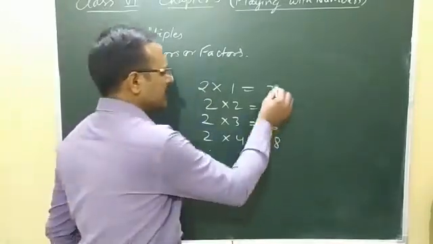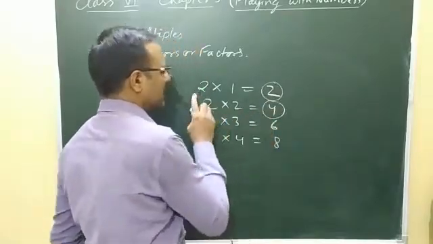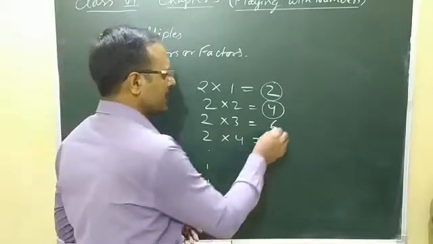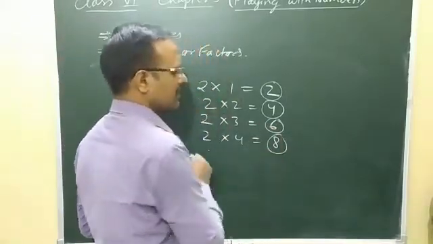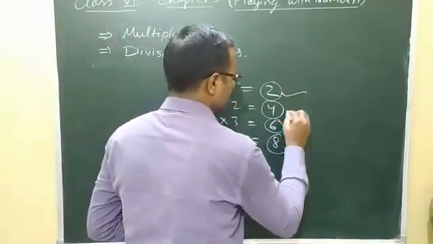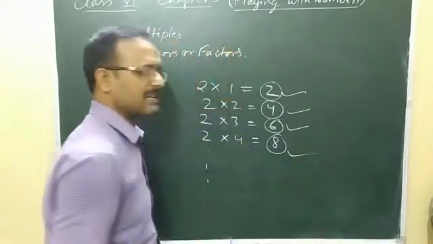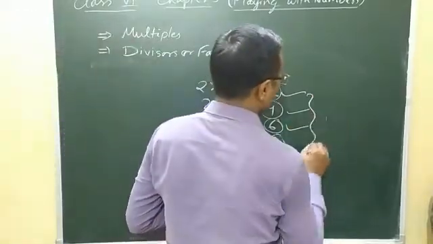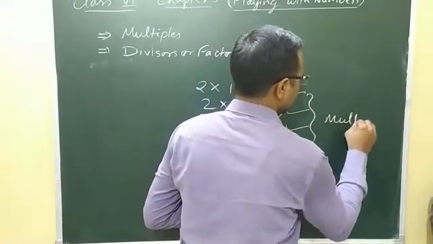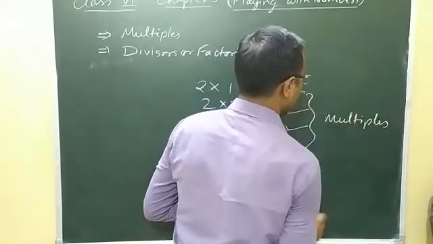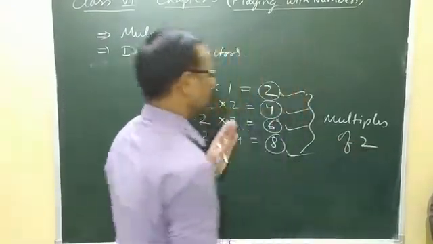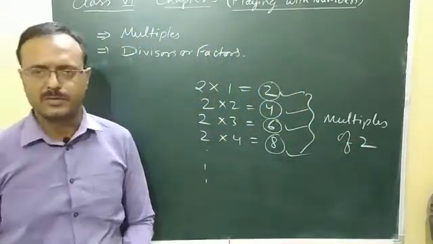After multiplying 2 with different natural numbers, you obtain the results here. So this results part of the multiplication table is actually the multiples. These all are the multiples of 2.